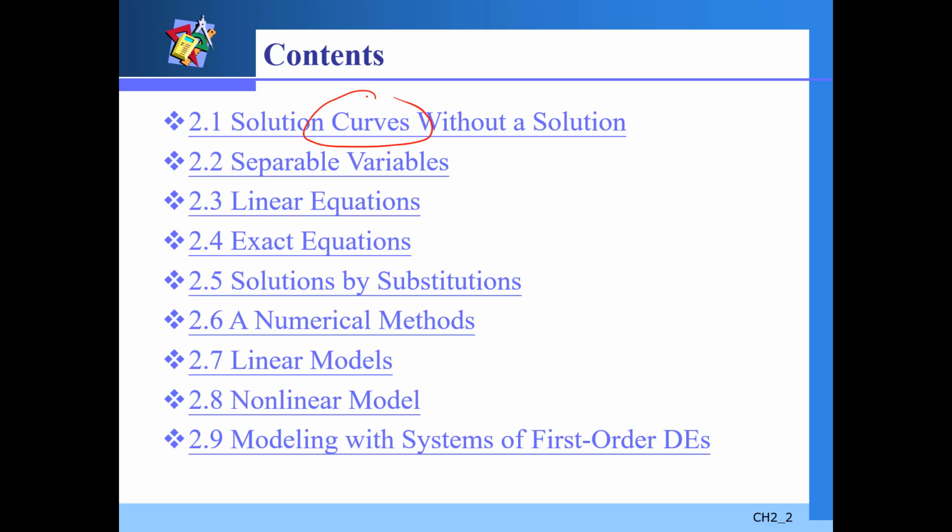Another, we can use separable variables and linear equations, and also exact equations, and also we can use a solution by substitutions. And another technique that I will introduce to you is direct integration.